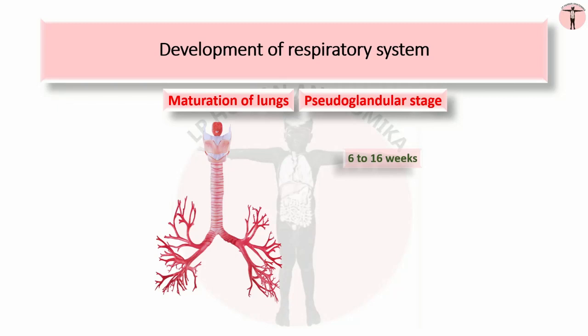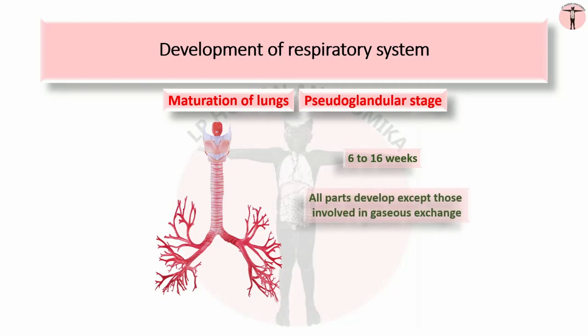By 16 weeks, all of the major elements of the lung have formed, except those parts involved with gas exchange. That means the parts from the respiratory bronchiole onwards have not yet developed and respiration is not possible. So, fetuses born during this period are unable to survive.